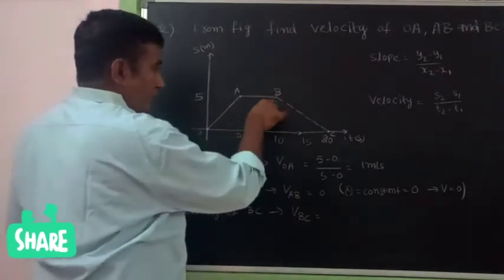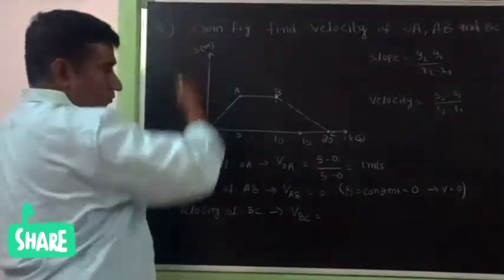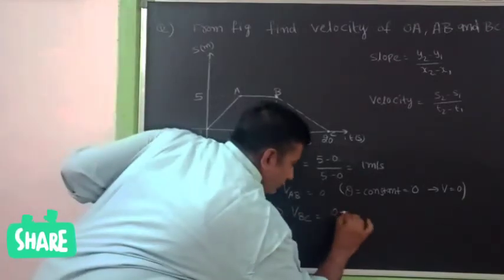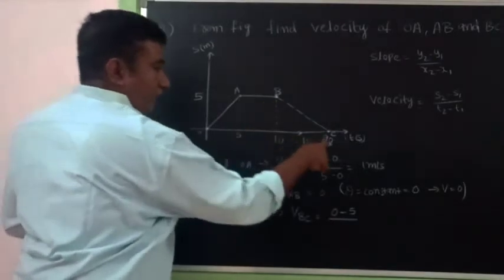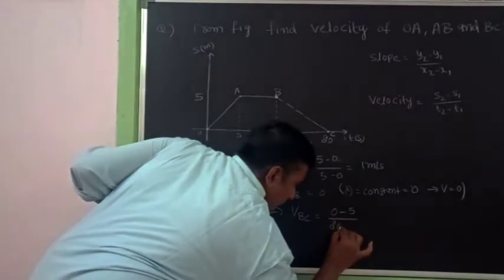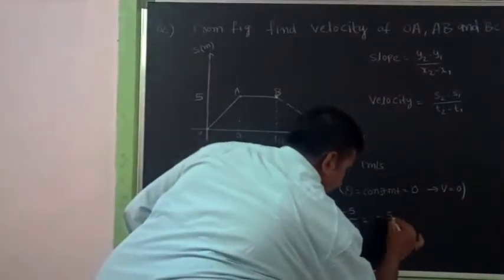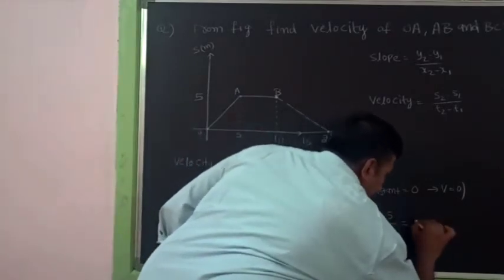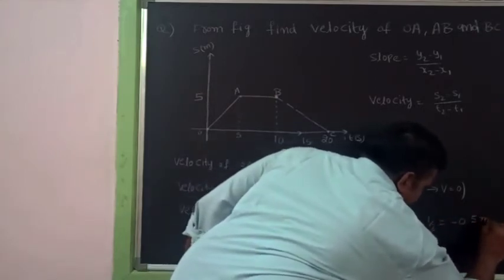From here to here, from B to C along the y-axis, the final position is 0, so 0 minus 5, the initial position, by T2 minus T1, 20 minus 10. So we get minus 5 by 10, which is minus 1 by 2, that is minus 0.5 meter per second.